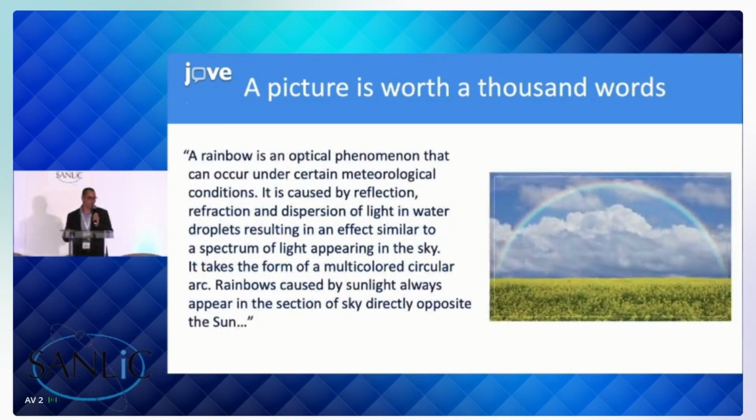And some of you guys spoke about rainbow. Try to explain what a rainbow is. This is the Expedia definition, right? Not the Wikipedia definition, but a picture could do this work in like 1 second.